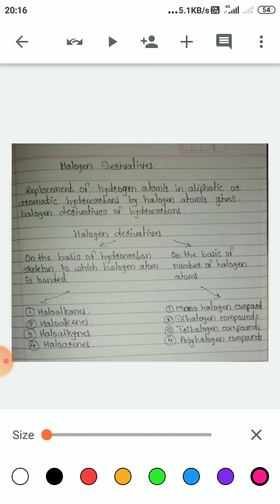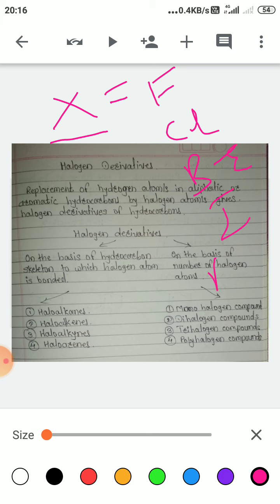Okay, which are the halogens? X is equal to, now halogens are represented by X, and these halogens may be fluorine, chlorine, bromine, iodine and astatine. Okay, but we are generally using only these four halogens, that is fluorine, chlorine, bromine and iodine.